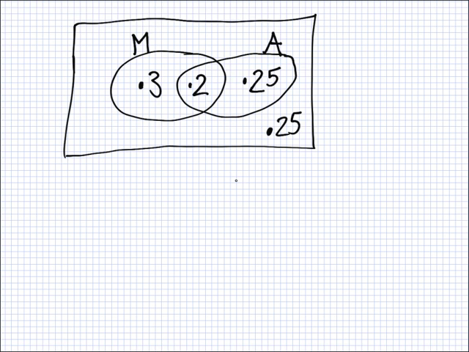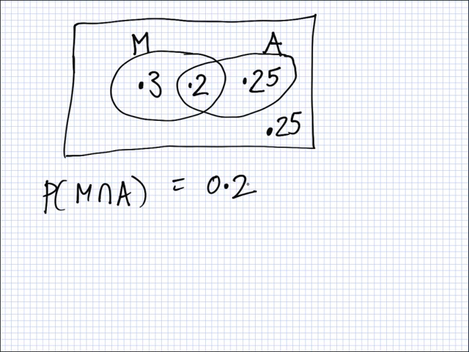So what's male and accepted here? Male and accepted. That is 0.2. So if you had 100 random students, how many of them would be male students and accepted? 20%. Okay.